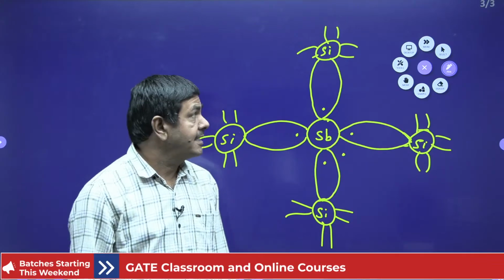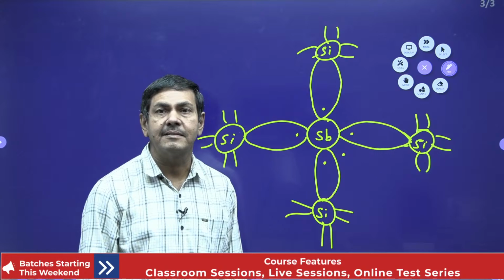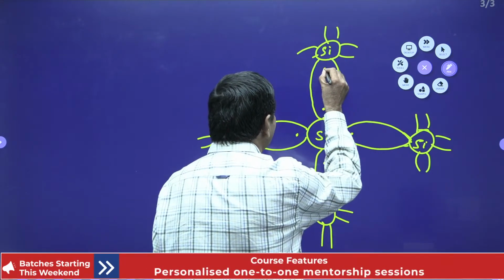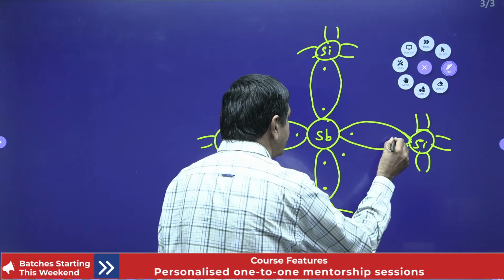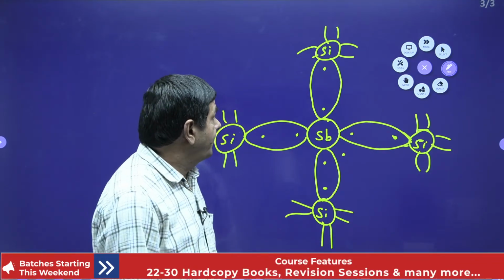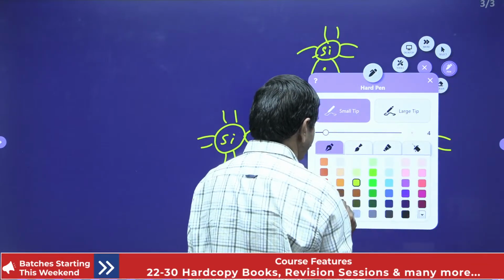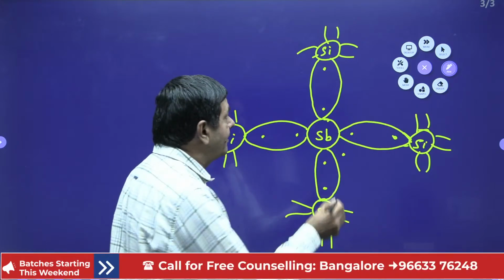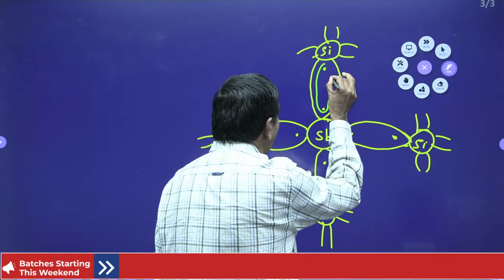How many valence electrons does silicon have? Silicon comes under the 4th group. 4th group means it can have 4 valence electrons only now. Here, whenever sharing of any 2 electrons takes place, a bond is formed.